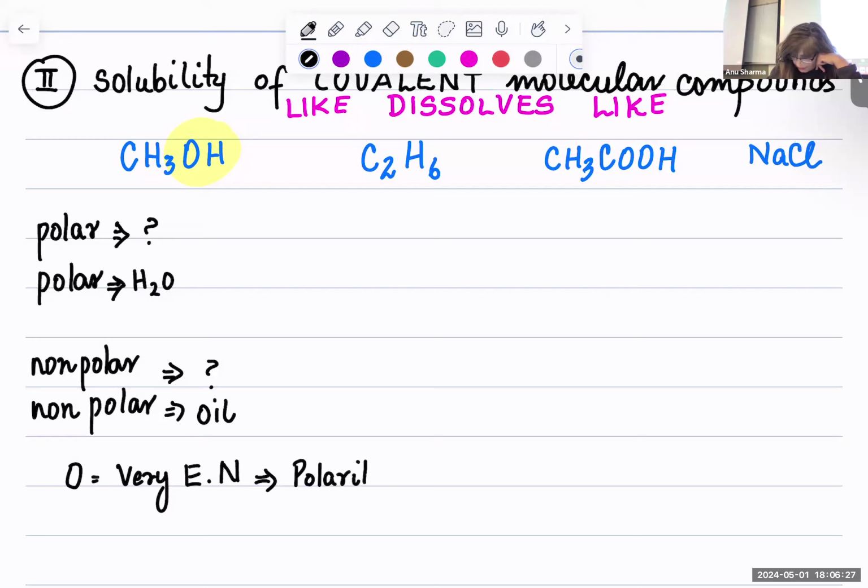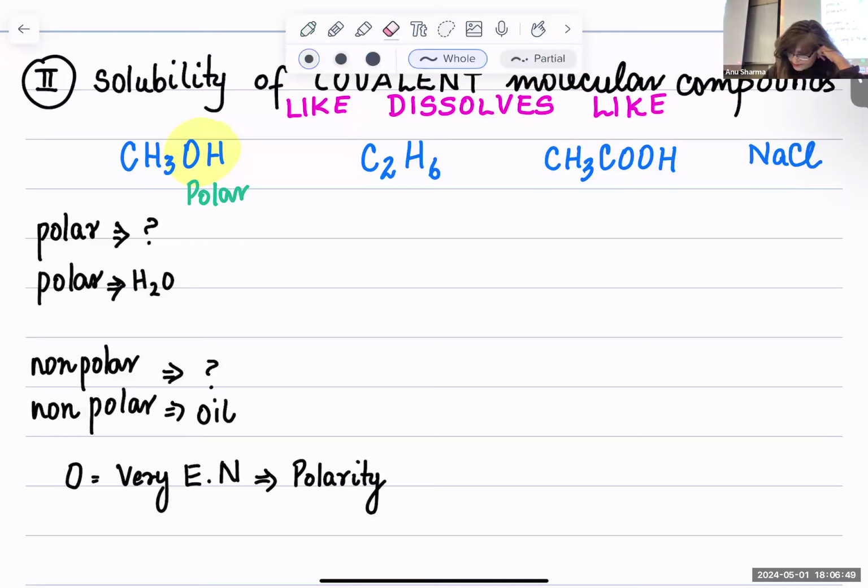At least the bond will always be polar. So this molecule is going to be polar, and if it is polar, it will dissolve in water. So soluble in water, yes.